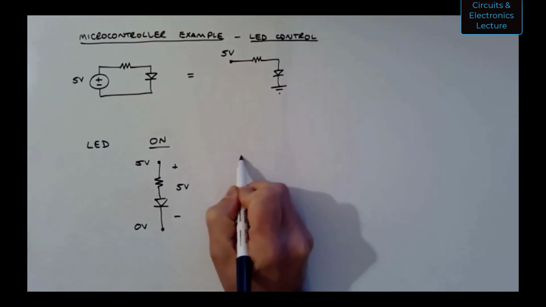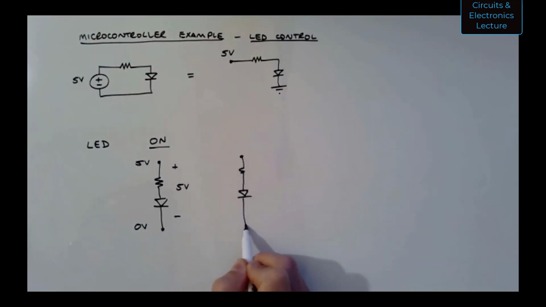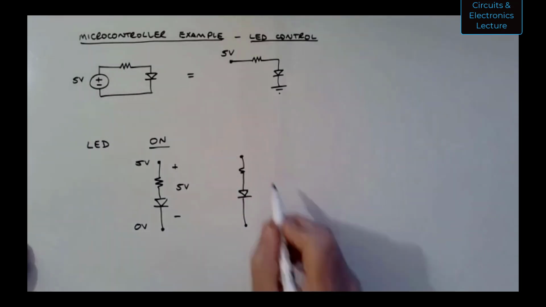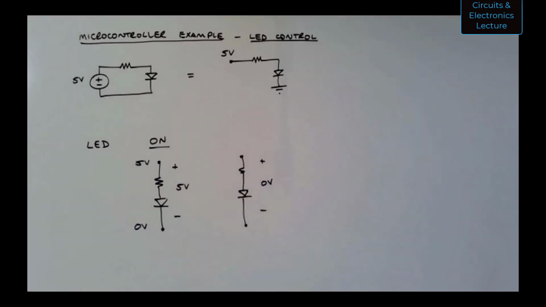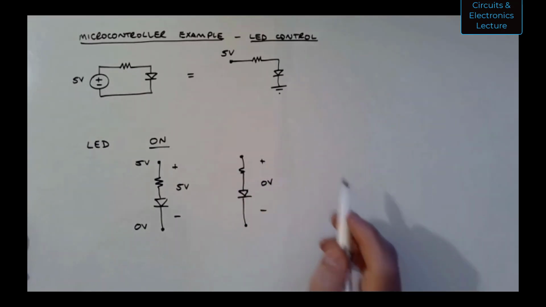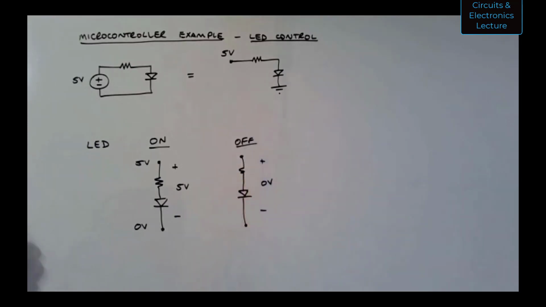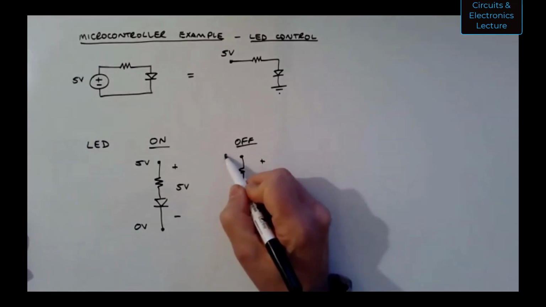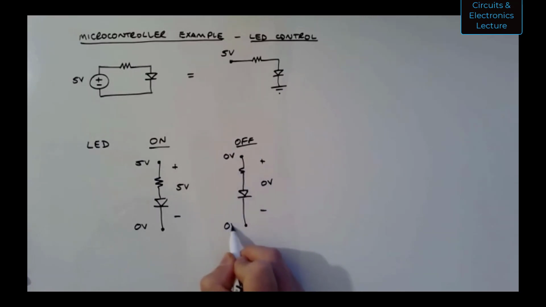If I take the same circuit, and I want this LED to be off, I want 0 volts across that resistor diode series pair. I could do this a couple ways. I could have 0 volts node voltage at the top node and 0 volts node voltage at the bottom node.